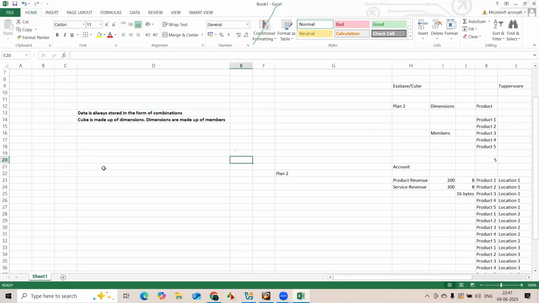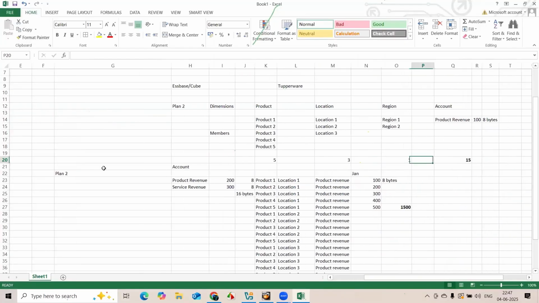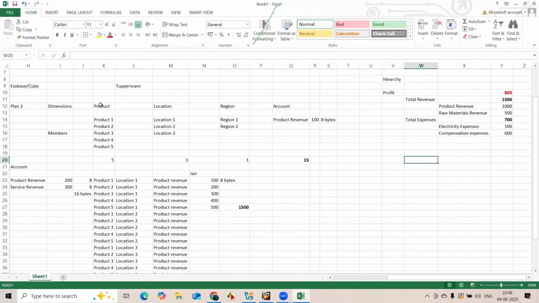Now, these dimensions are segregated into two types. So there are two types of dimensions. What are those two types?